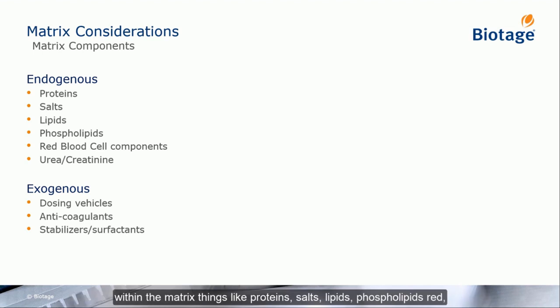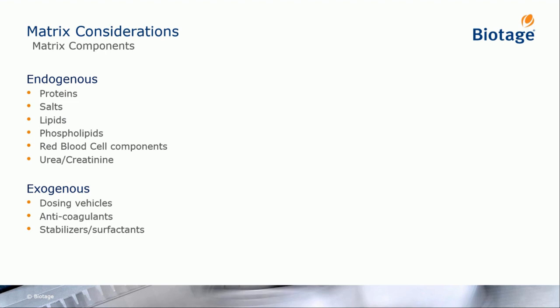Endogenous within the matrix, things like proteins, salts, lipids, phospholipids, red blood cells, urine, could be urea, creatinine. Exogenous are generally added, excipients, dosing vehicles, anticoagulants or stabilizers can all cause problems with your analytical methodology, suppression or enhancement effects.